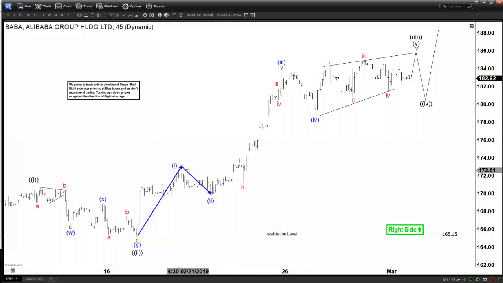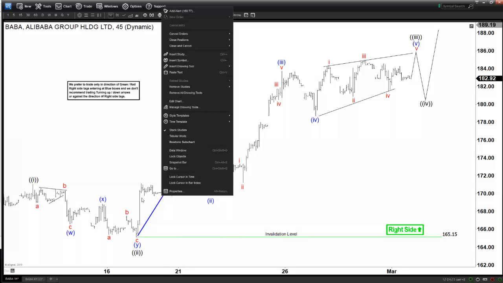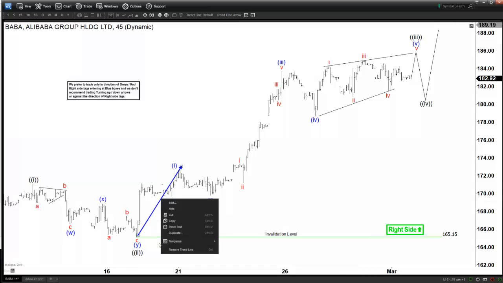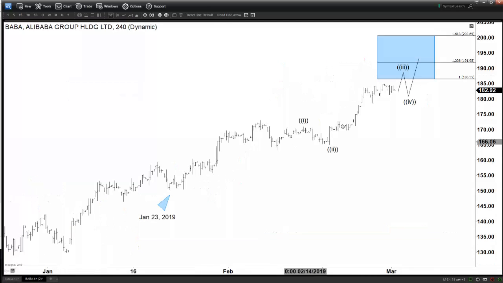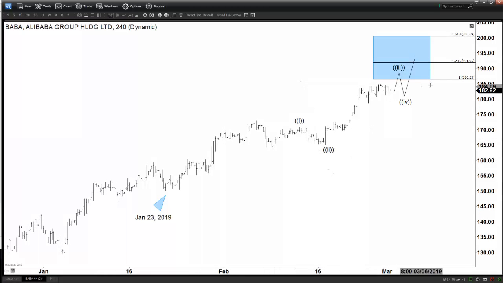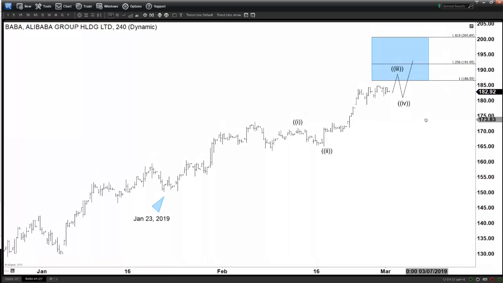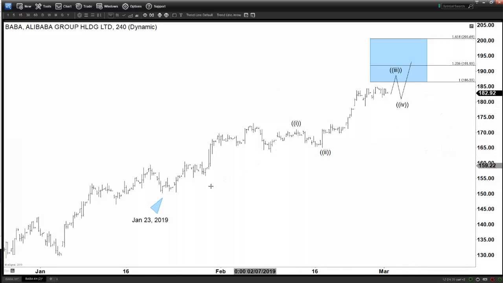Now let's take a look at a slightly larger degree time frame and see where we are with Alibaba. This is the 4-hour chart. It's not really a complete count, but this should give you an idea. The idea of this chart of the day is not to give the full set of counts in all time frames.